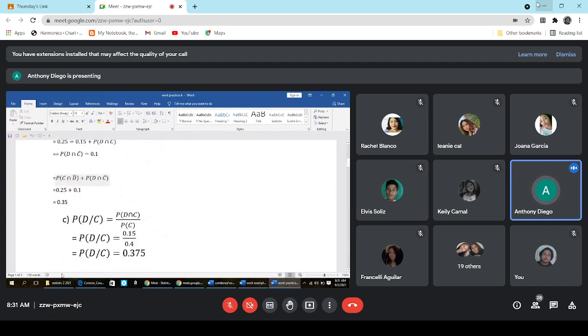That would be the probability of D given C, which is the probability of D intersecting C over the probability of C. We know that the probability of C intersecting D, which is the same as D intersecting C, is 0.15, and the probability of C is 0.4. So the probability that the person owns a dog, given that the person owns a cat, will be 0.375.